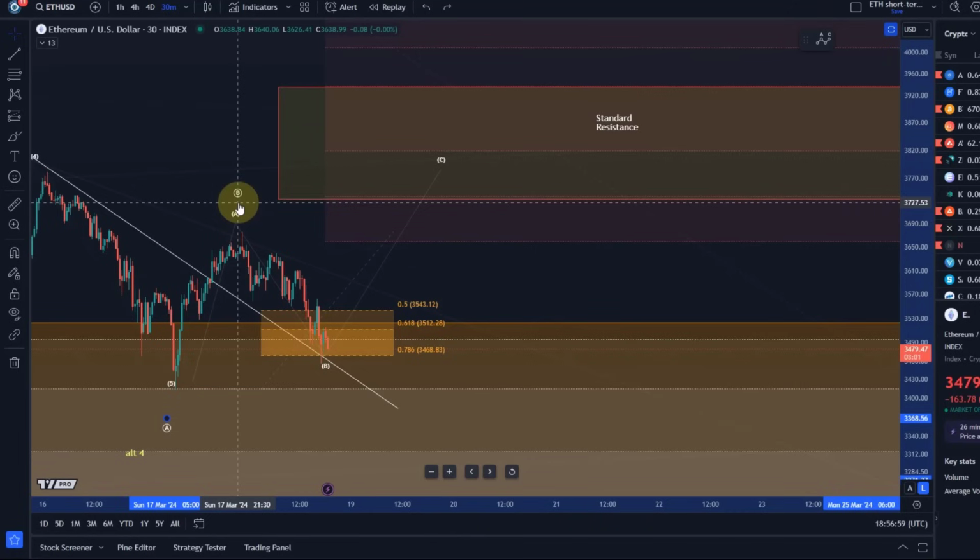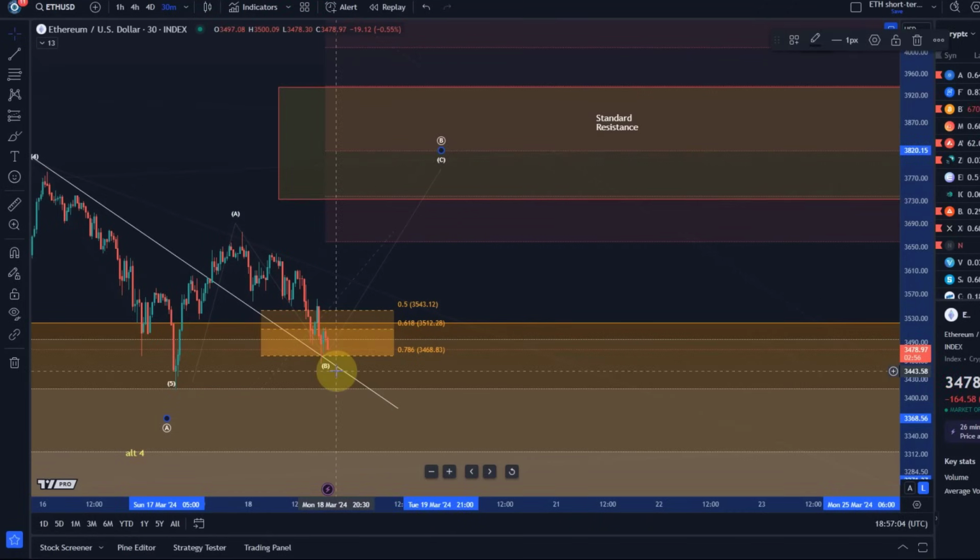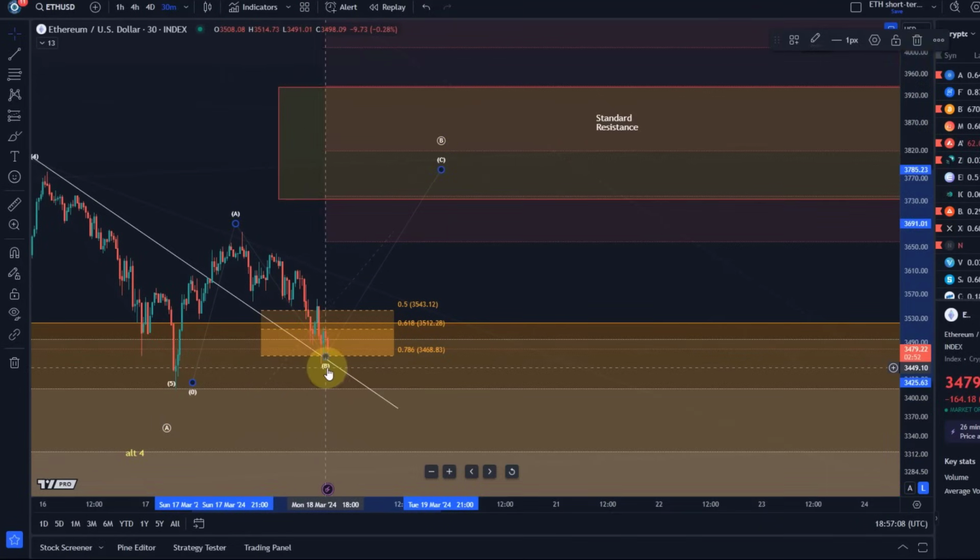It's possible as an alternative that the top is already in. I say that because there's a lot of weakness here. The move down so far appears in 3 waves, so it could still be the B wave. And I have to say, we are maxing out the micro support area I shared. However, B waves can do that. B waves can overshoot.